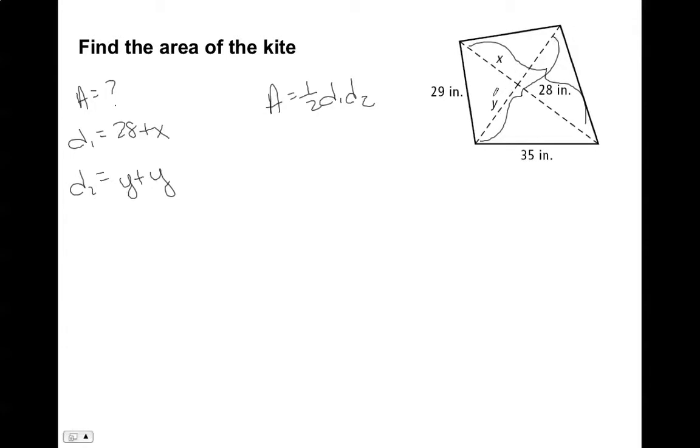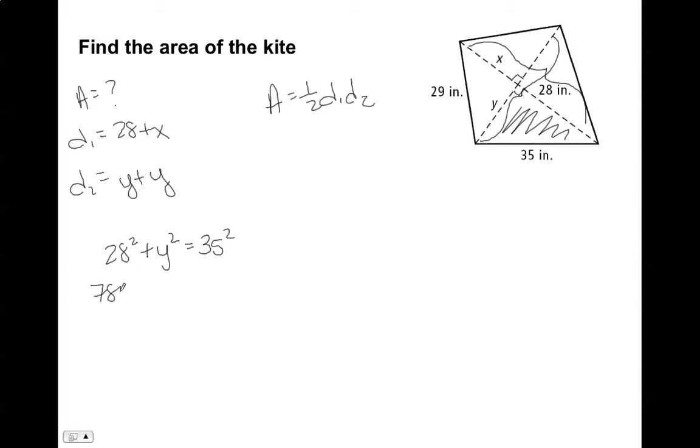So how are we going to find x and y? Well, if you remember, the diagonals are all perpendicular to each other. So we have 4 right triangles inside. So if you have 2 sides of a right triangle, as in this triangle right here, we can use Pythagorean theorem in order to find the missing length. So 28 squared plus y squared equals 35 squared.